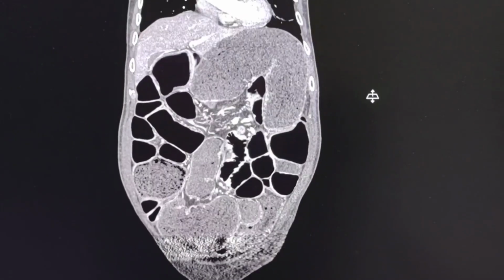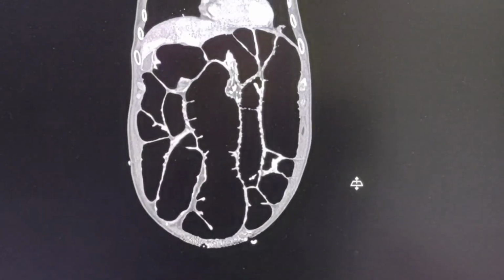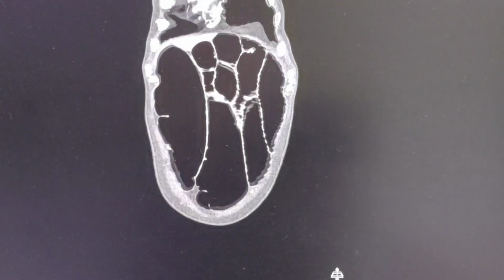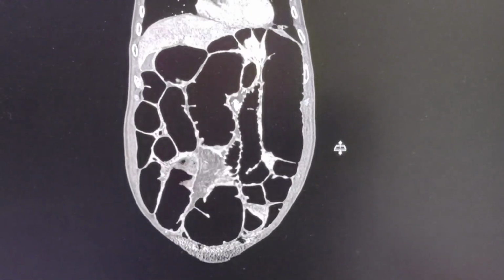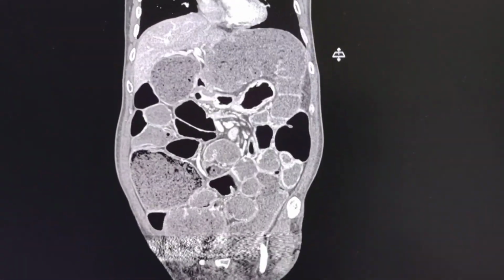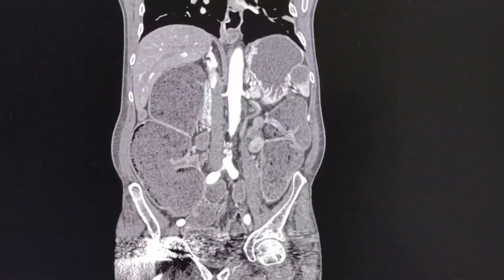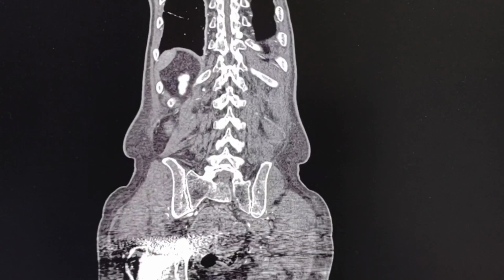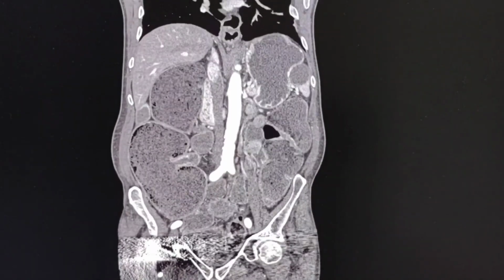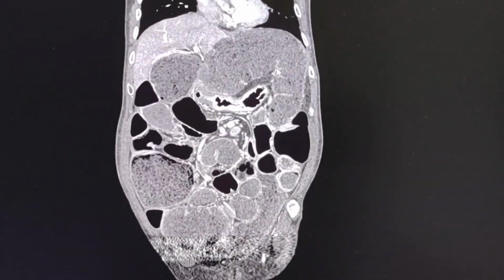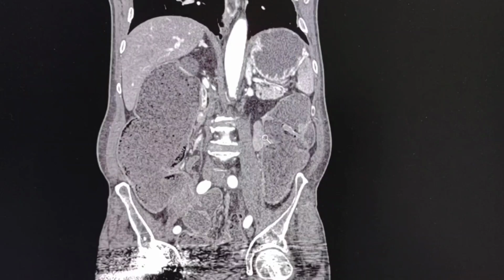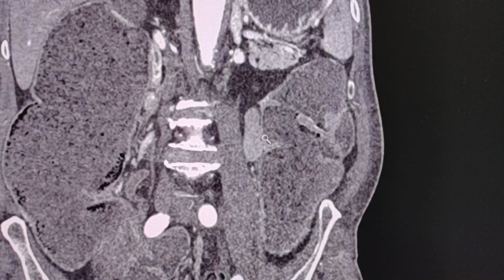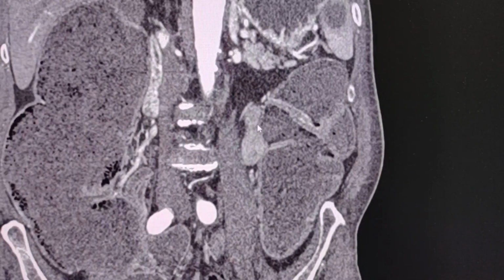Let's have a general look now. As you can see, the small and the large bowel are significantly dilated. Another interesting point, probably an incidental finding here, is the proximal jejunum, which is collapsed.